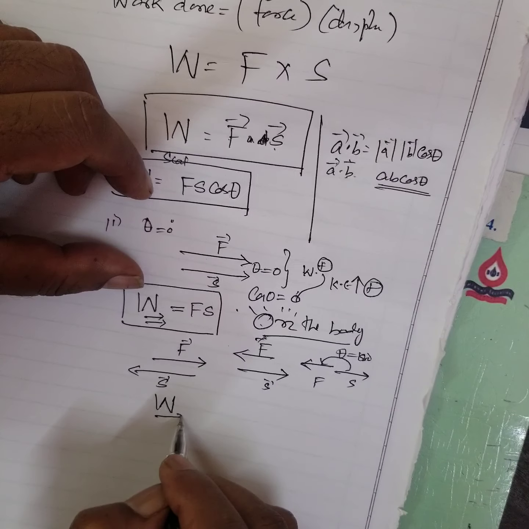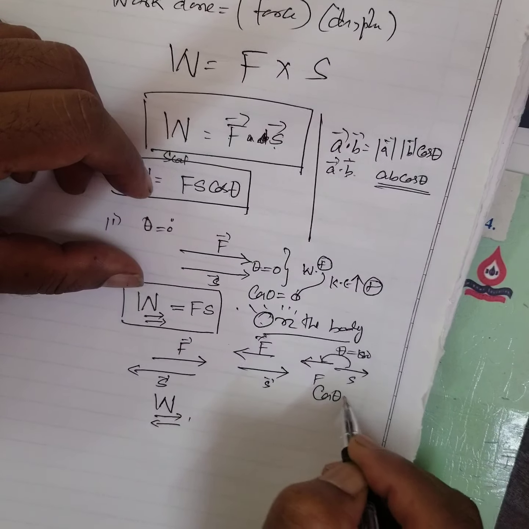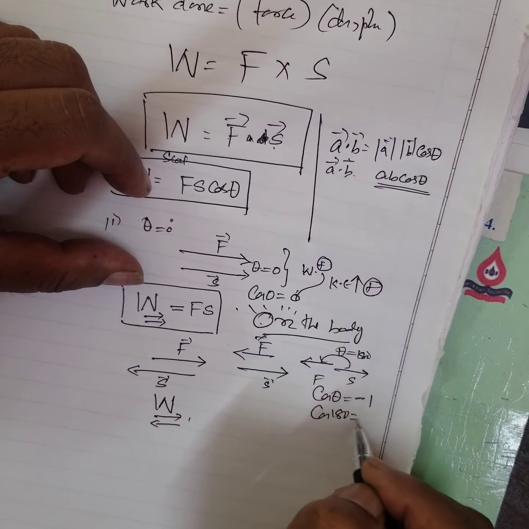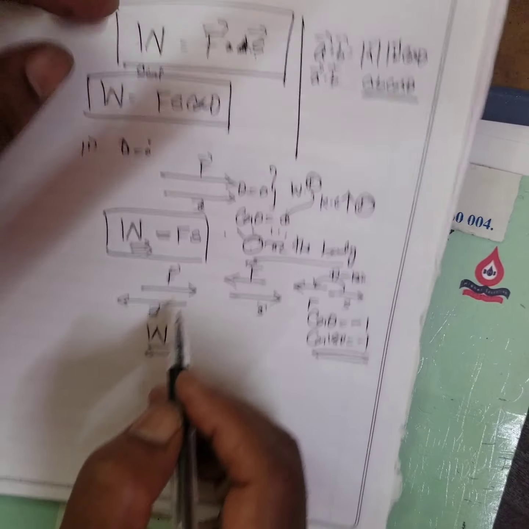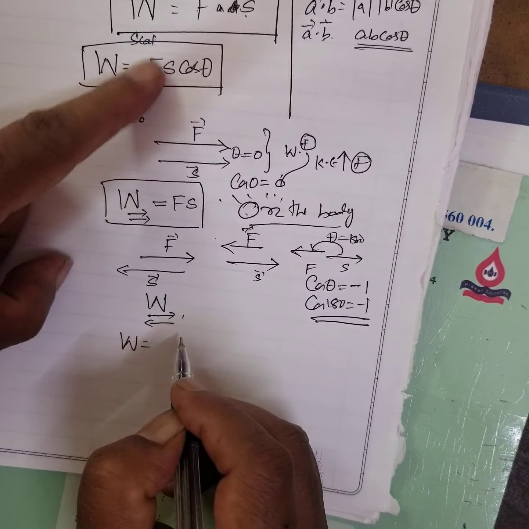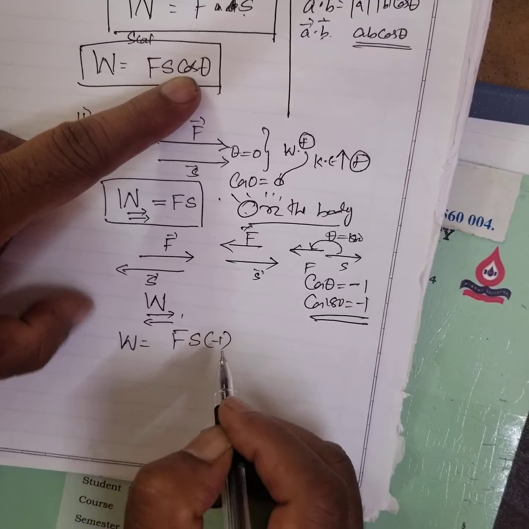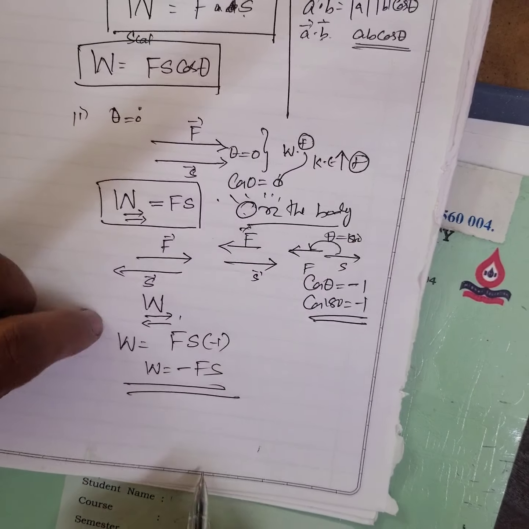Cos 180 is minus 1. Therefore, the work done is F S cos 180, which is equal to minus F S.